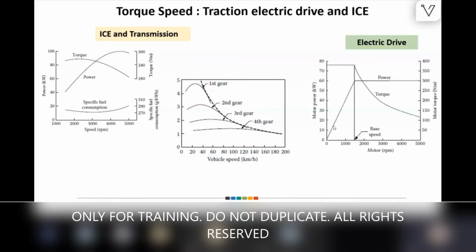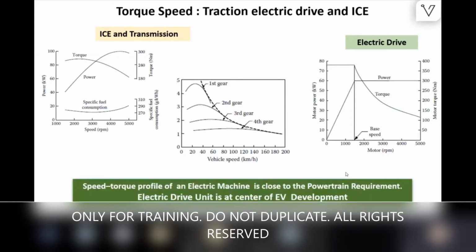The good part is that the electric drive naturally gives this kind of characterized torque speed curve, which the vehicle ultimately calls for. Of course we need gears, but we may not need so many gears. It becomes a natural choice that can cater to this specific, very high level vehicle requirement.